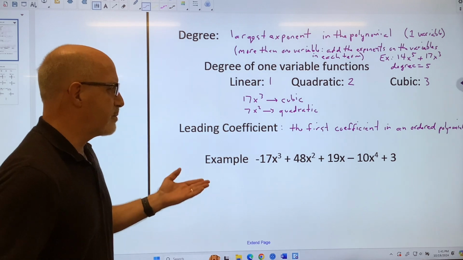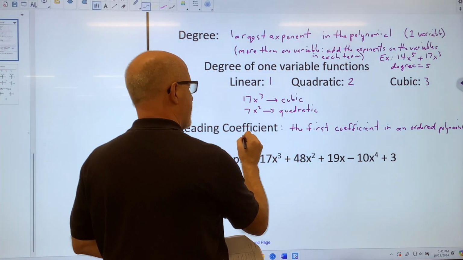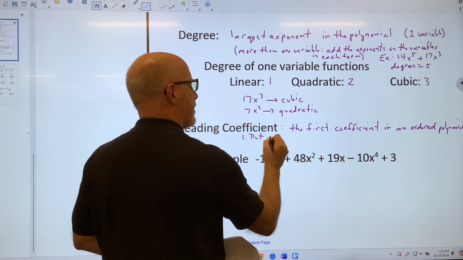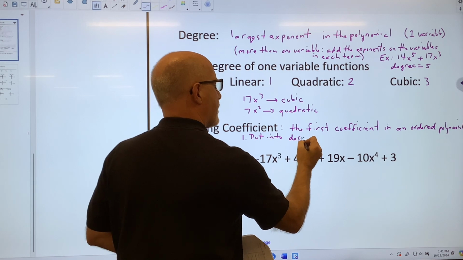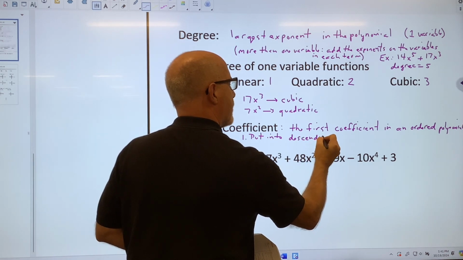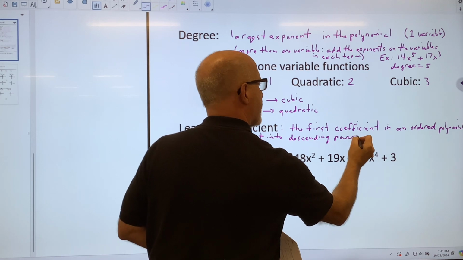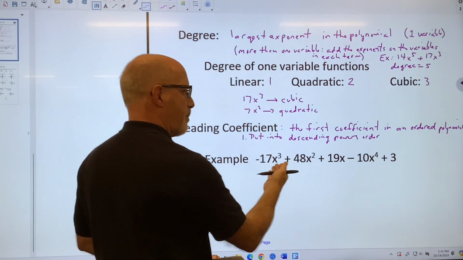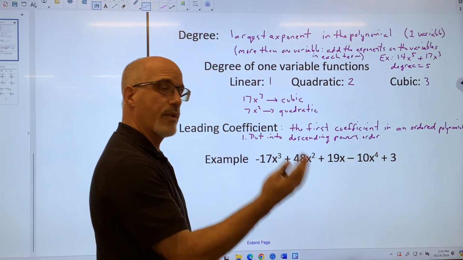Okay, so we look at this polynomial here. The first step you've got to do is put it into descending powers order. So let's look at this one. I look at the powers and say, well, that's the largest one, so I want to put that one first.